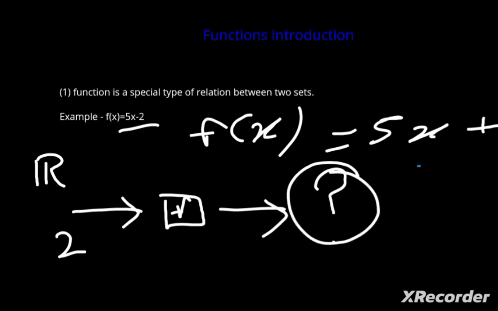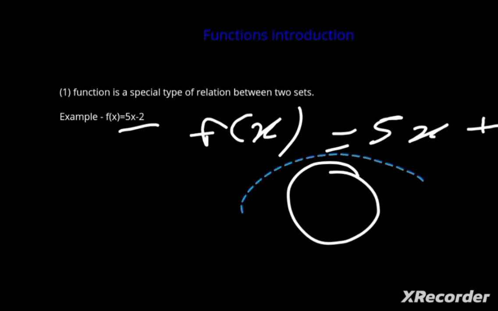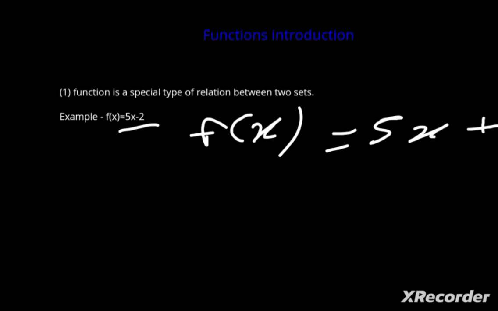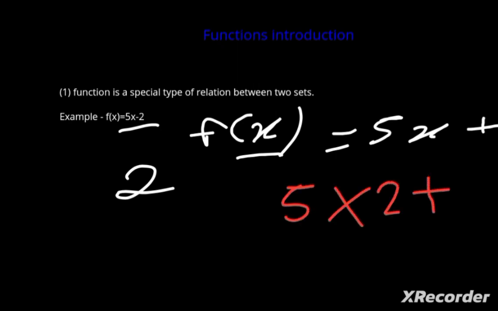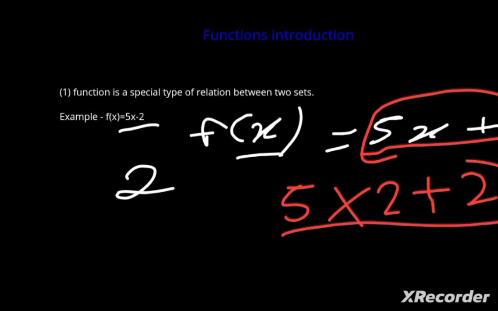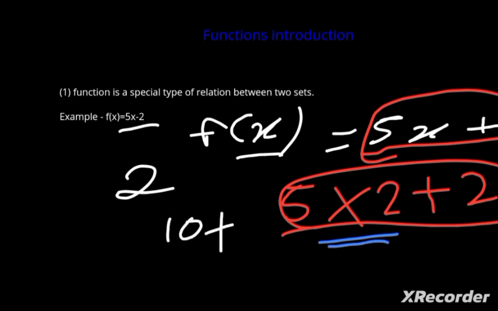Let's find out the output of this function when the value of x is 2. The output will be 5 into 2 plus 2. We form the equation by replacing x by 2. So 5 into 2 plus 2: 5 into 2 is 10, and 10 plus 2 is 12.